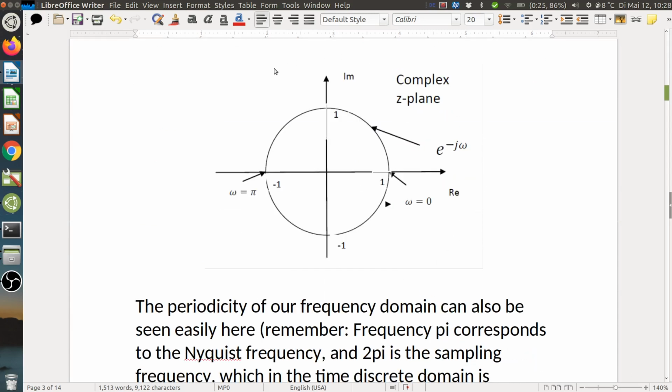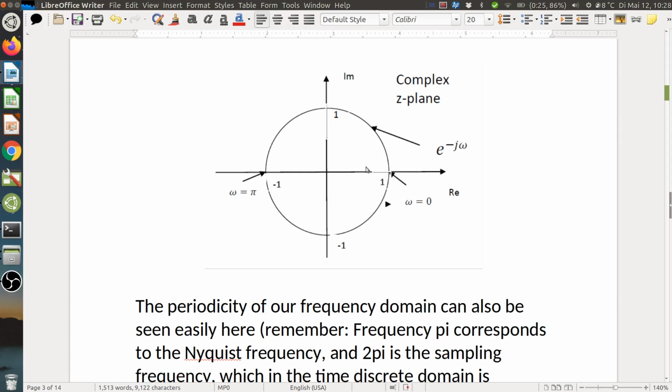So here in this image, you can see the complex Z-plane. Here is the real axis, here is the imaginary axis, and then around the origin we have this unit circle. And this unit circle is covered by e to the j omega, right? It's actually a plus, it should be a plus here.